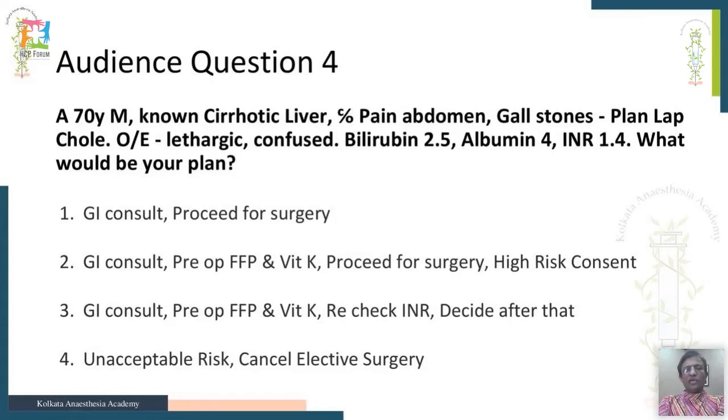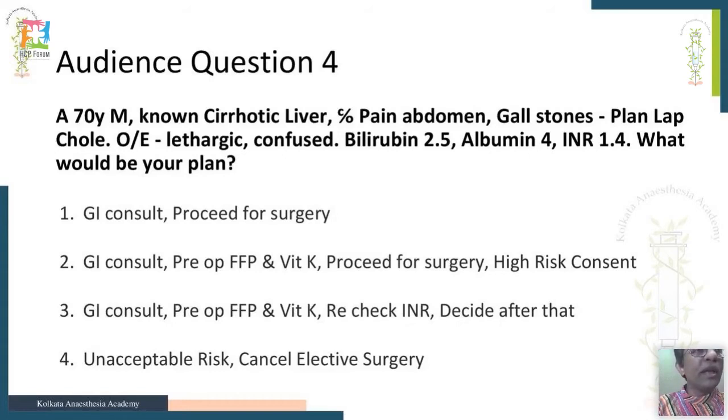Lethargic and confused, bilirubin 2.5, albumin 4, INR 1.4. What would be your plan? Proceed for surgery after a gastro consult? Pre-op FFP, vitamin K, proceed for surgery with a high-risk consent? FFP, vitamin K, recheck INR, gastro consult, and then decide? Or you say, no, this is unacceptable risk, we'll cancel the elective surgery.